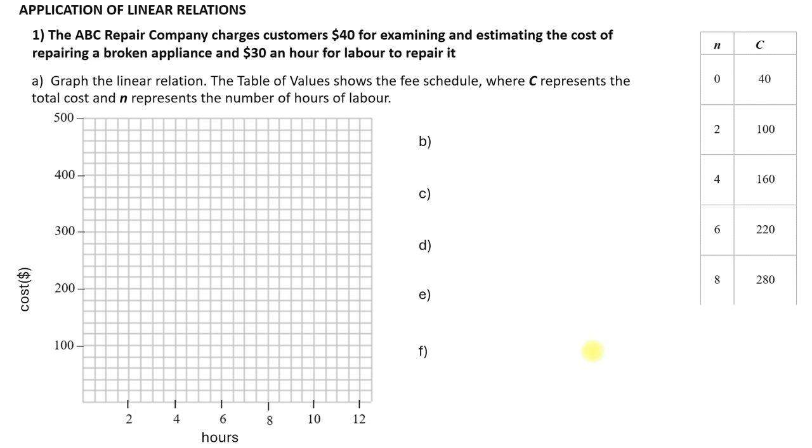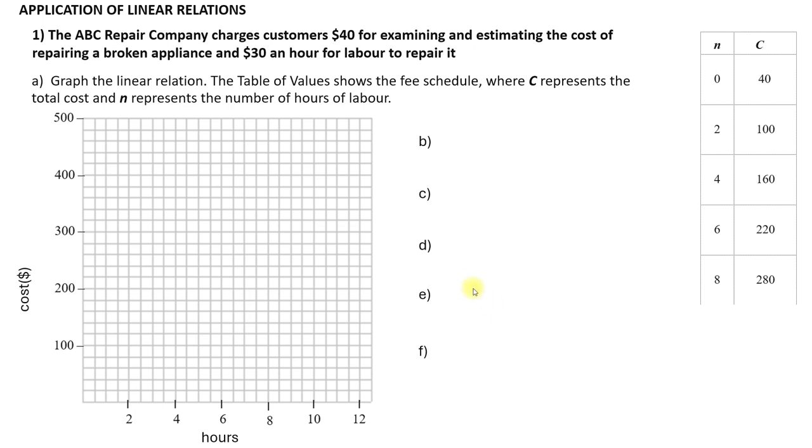They charge a shop fee of just bringing whatever item needs to be repaired. When you bring it in the front door, right away you're given an upfront charge, and in this case it is $40.